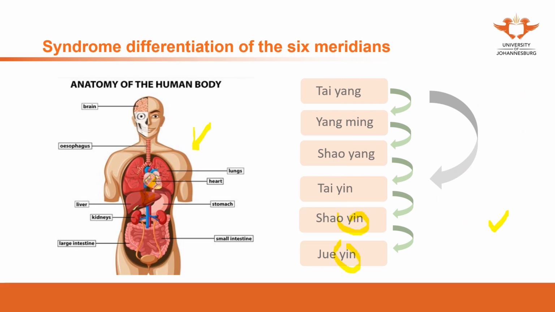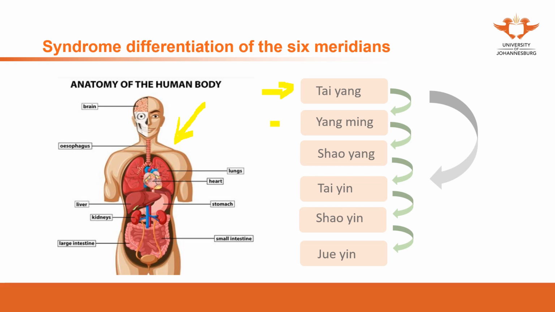From superficial of the body to the center of the body, we have 6 levels. And then when the diseases attack us, the pathogens will attack the superficial skin, the superficial level. The superficial level, we name as 太阳.